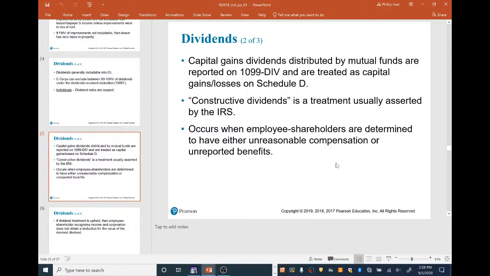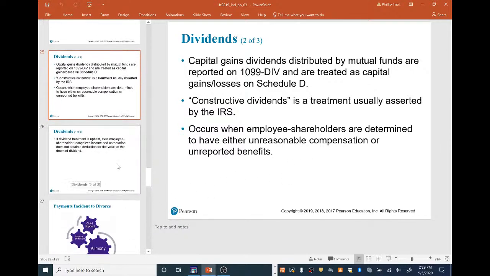That right there will avoid the double taxation of the money. But what the IRS says is they will do constructive dividends if they deem that these people have unreasonable compensation or unreported benefits. So that's what constructive dividends are. It's the IRS pretty much going after the individual, saying, nope, you should have received dividends instead of that type of income.